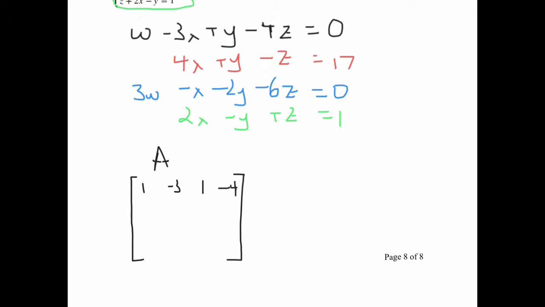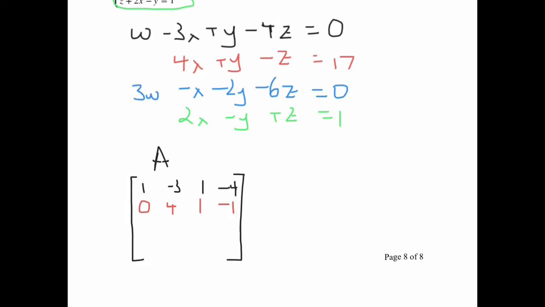In our second equation, we've got no w's, which will be important that we put a 0 there, and we've got 4 x's, and we've got 1y, and a negative 1z.